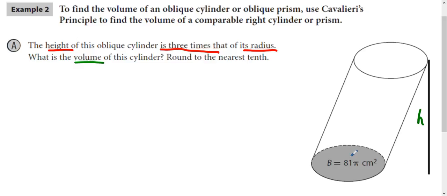We know the area of the base is 81 pi. And we know the area formula for a circle is pi times radius squared.